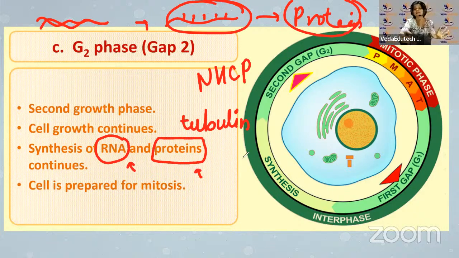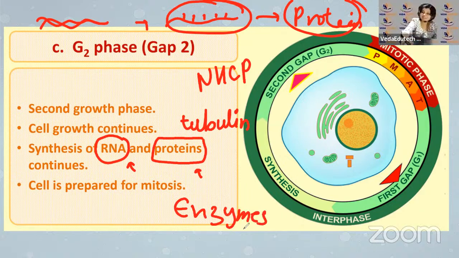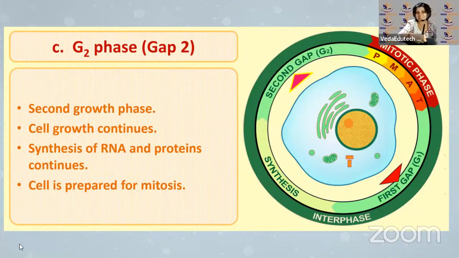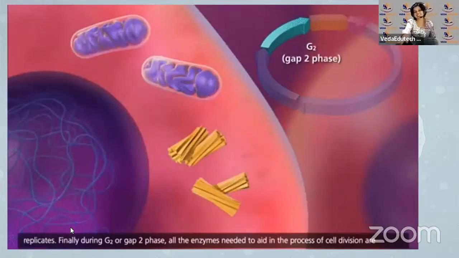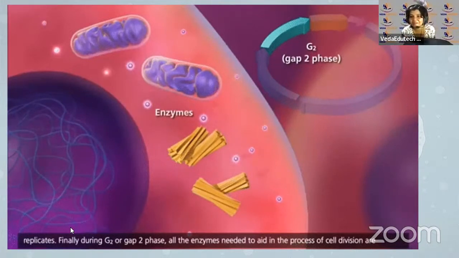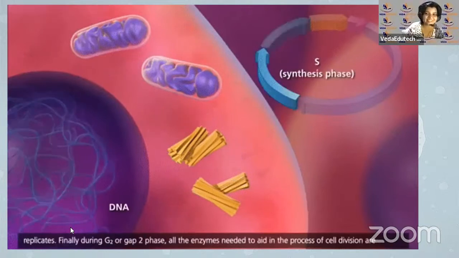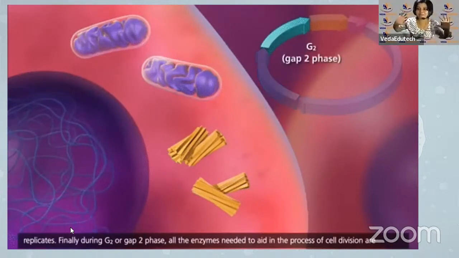Once we have a lot of proteins and a lot of enzymes for M phase, the cell is prepared. The cell is like, okay, I am ready. Now I will become a mommy. So many enzymes have been synthesized, and the cell is ready to rock, ready to make babies.